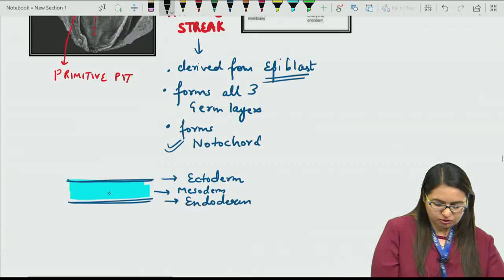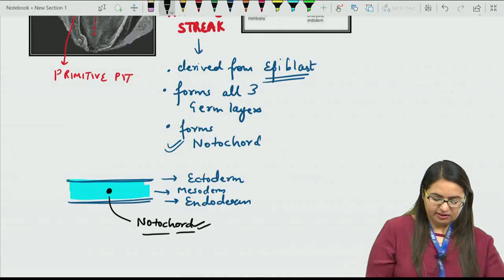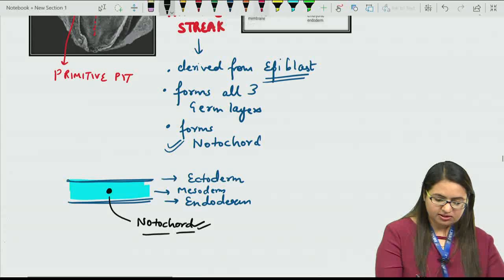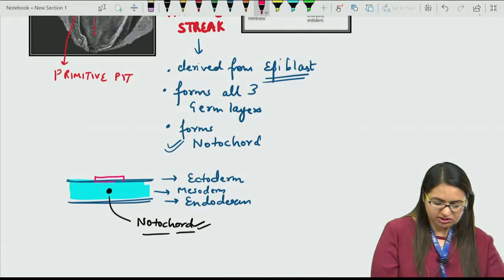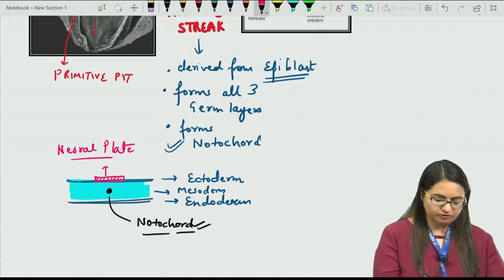This is the location of the notochord, which is formed by the primitive streak. Now this notochord induces the overlying ectoderm to form a specialized structure known as the neural plate, and this neural plate will later lead to the formation of the neural tube.